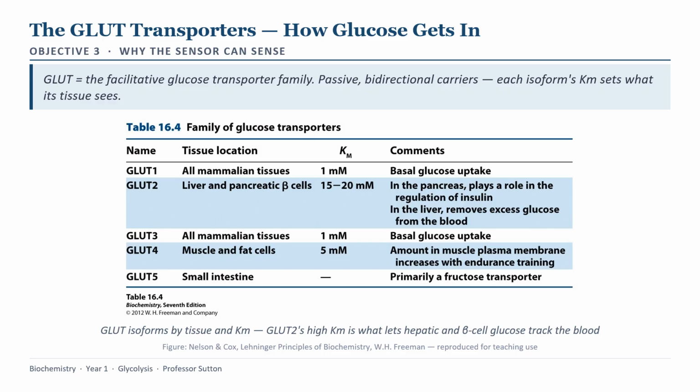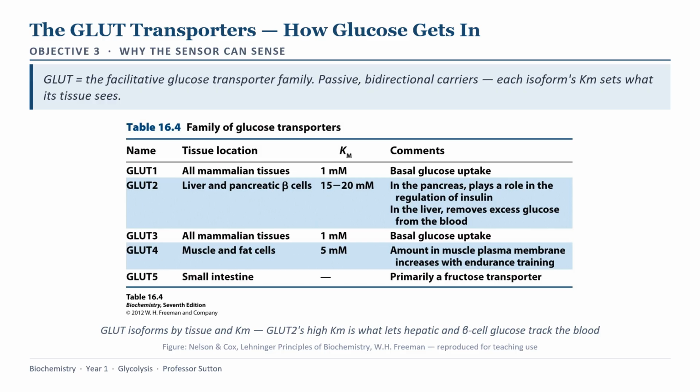GLUT2 is found in the liver, pancreatic beta cells, kidney, and the basolateral side of the intestine. High Km and bidirectional, which is the crucial pairing because it means intracellular glucose in the liver and beta cells equilibrates with blood glucose. Without a high Km transporter, a high Km sensing enzyme would have nothing to sense. GLUT2 and glucokinase work as a unit.